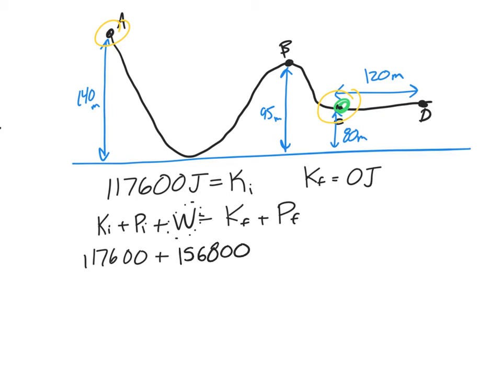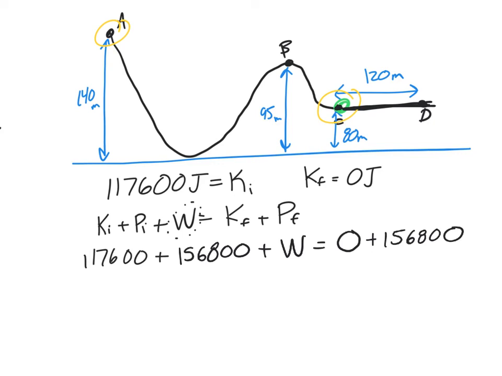And we did that by doing mass times gravity times height for point C. Actually, it's not going to matter though because it's not going to change. So here's work, that's what we're looking for. And final kinetic would be 0 because it's going to be stopped. Plus, look again, the potential is along a flat ground, so it hasn't changed. 156,800.